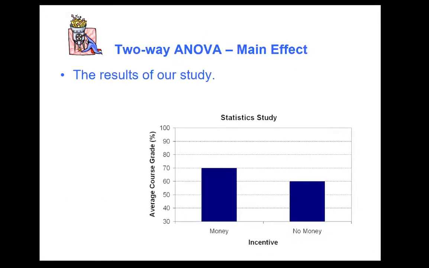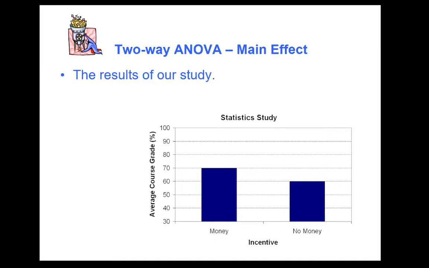Okay. First, to look at my results. I can see that for the 15 students who received money, remember that 5 of them went to Vegas, 5 of them did Georgian, and 5 of them no training, the course average was 70. For those who received no money, that was 15 students, made up of 5 no training, 5 Vegas, 5 Georgian, the course average was 60.